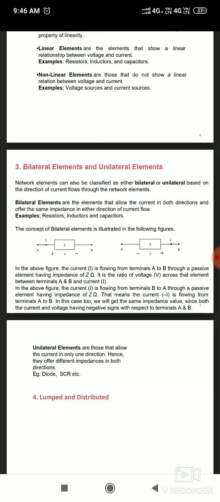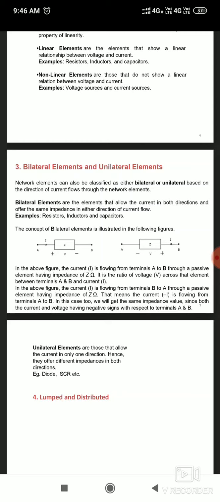But exactly opposite in the case of unilateral elements. Example, diode will conduct when it is forward biased. If diode is in reverse bias, then it cannot conduct. So it allows the current to flow in forward bias condition only. What is the meaning of forward bias?